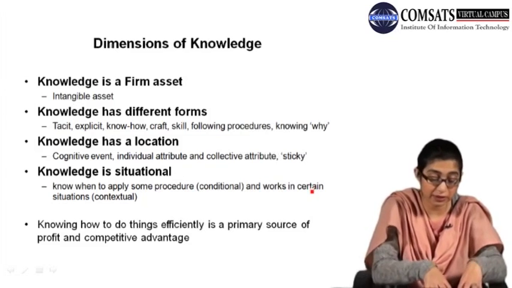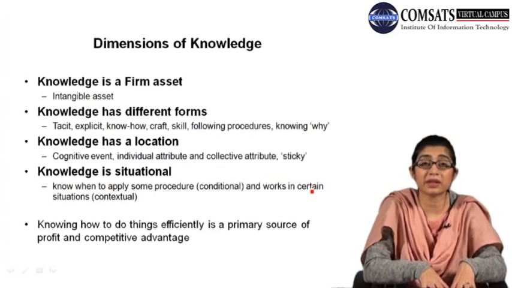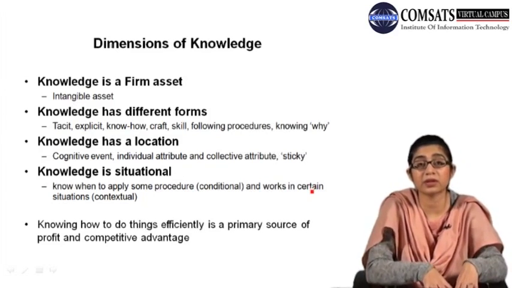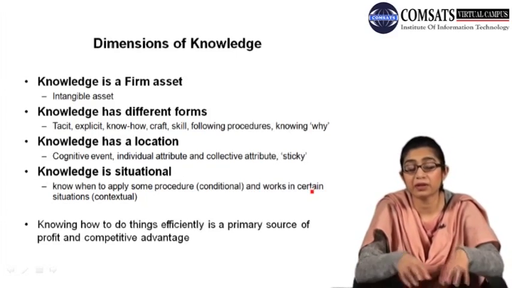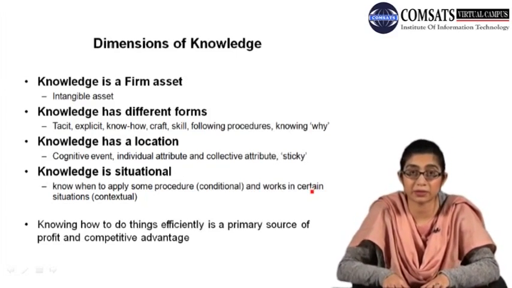So that means किसी context में आप जब बात कर रहे हैं तो उसका मतलब है कि एक knowledge जो है वो इस context में use हो रही है, दूसरी knowledge जो है वो दूसरे context में use हो रही है.